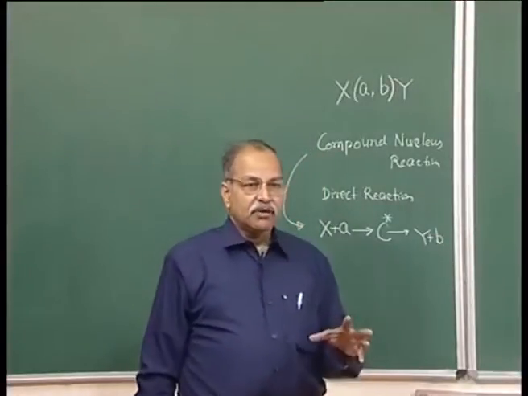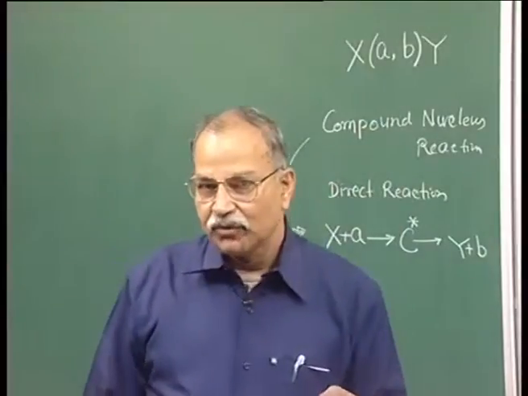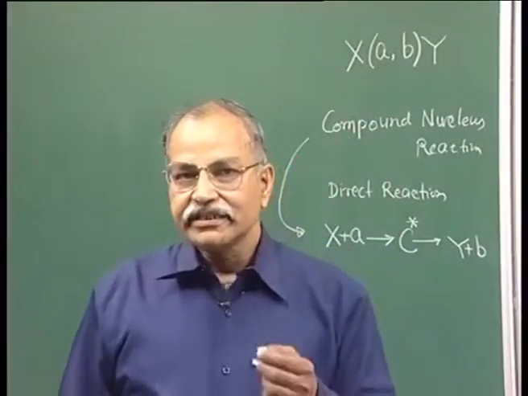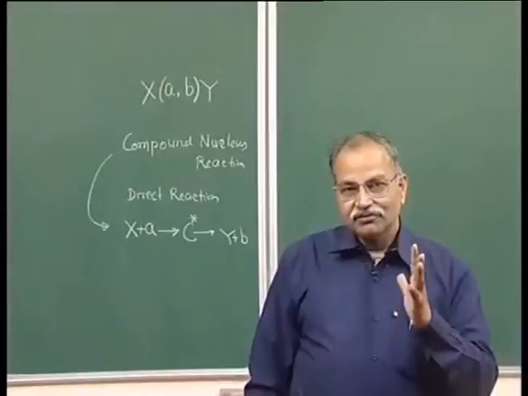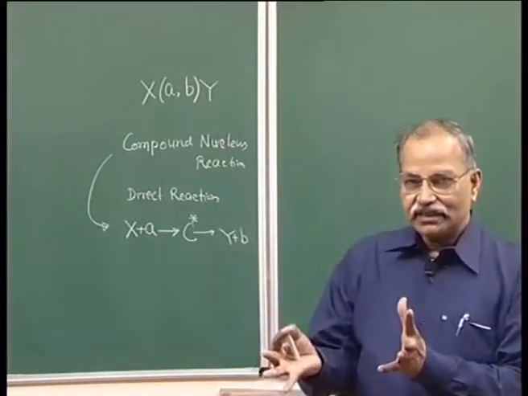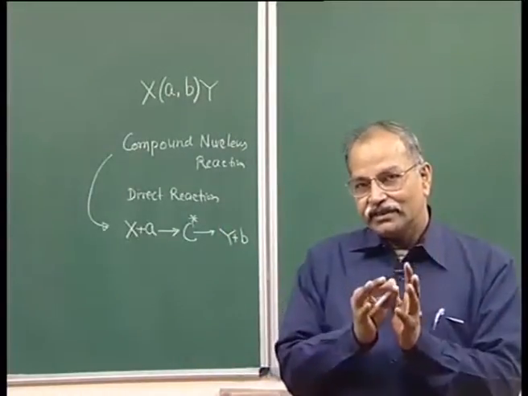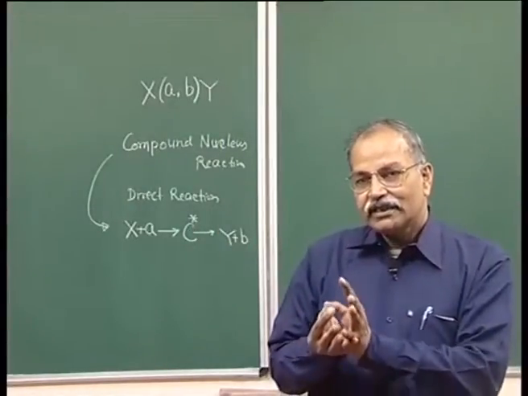Okay. So, this compound nucleus reaction will be more probable when the energies are such that the de Broglie wavelength of the incident particle is more like the size of the nucleus, so that the energy is shared by all the nucleons in the nucleus. It takes time.